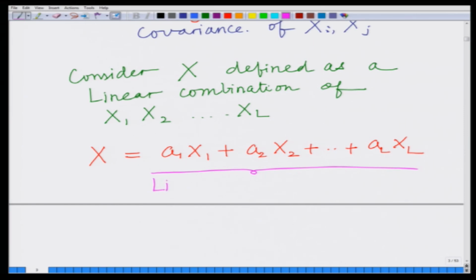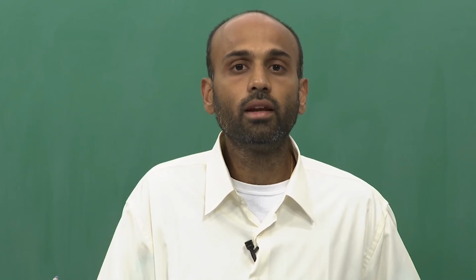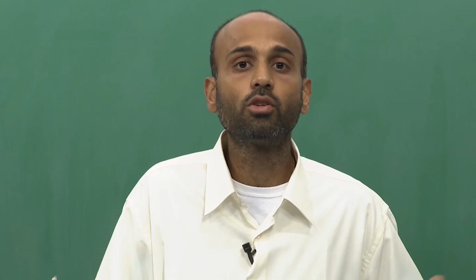So, this is a linear combination of L Gaussian RV. So, x is a random variable which is a linear combination of L Gaussian random variables, and using the previous property we have said that the linear combination of a group of random variables results in another Gaussian random variable.